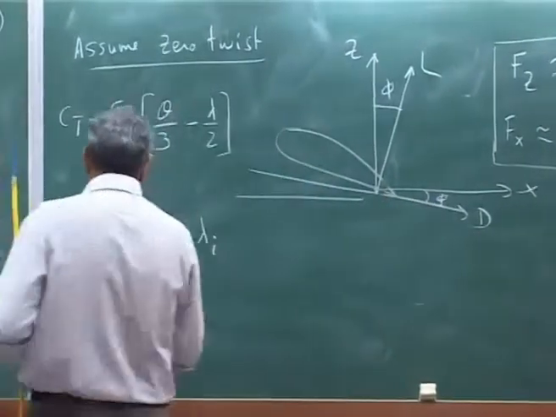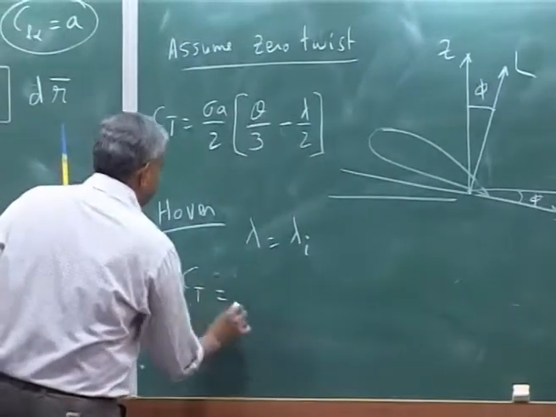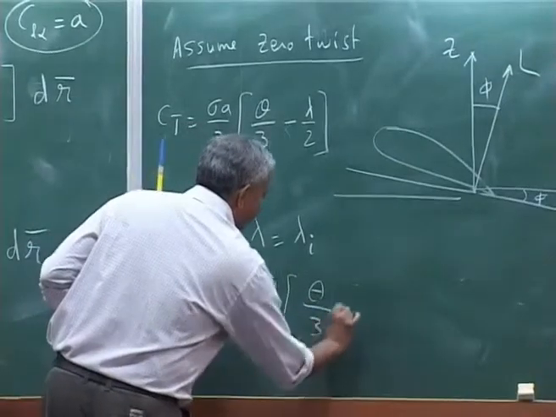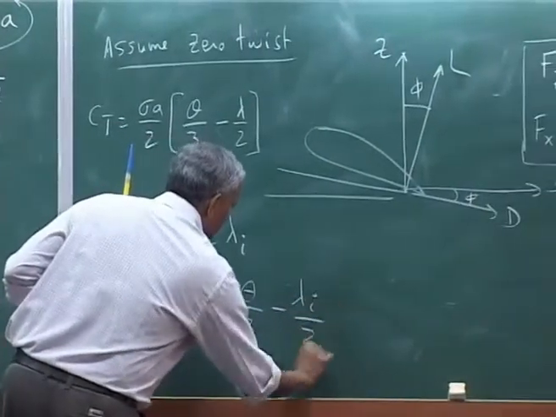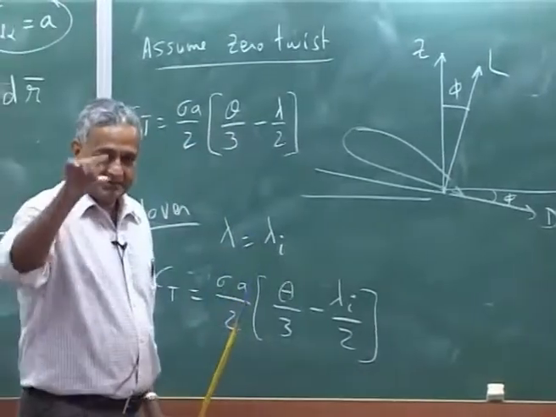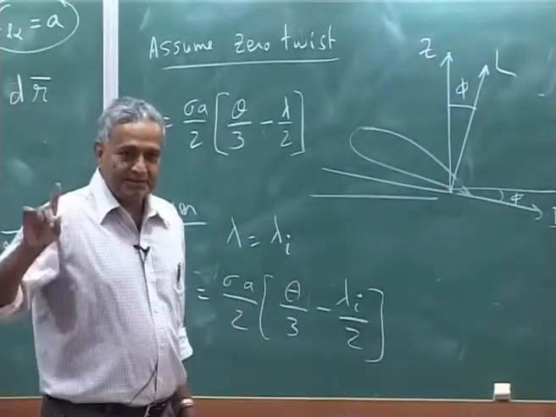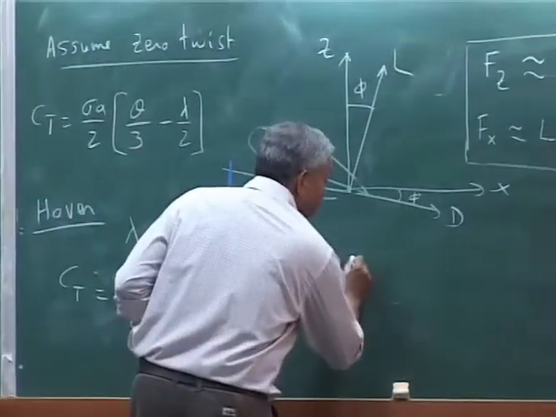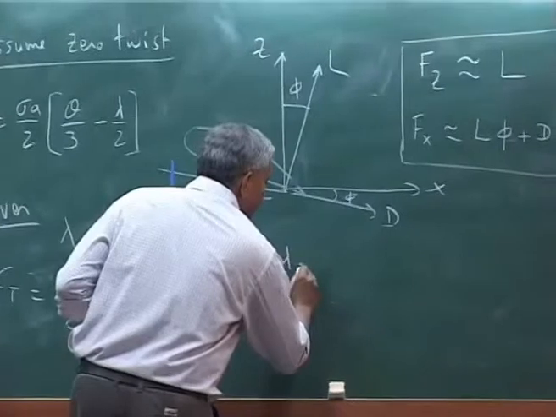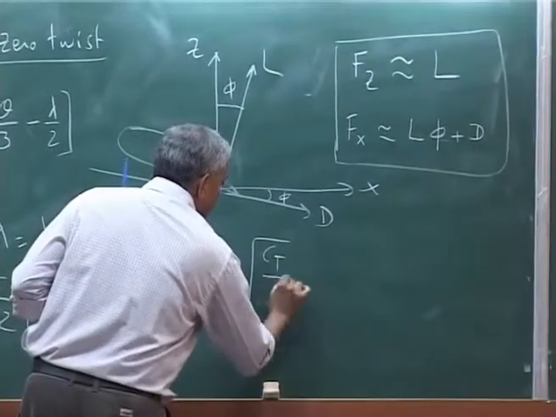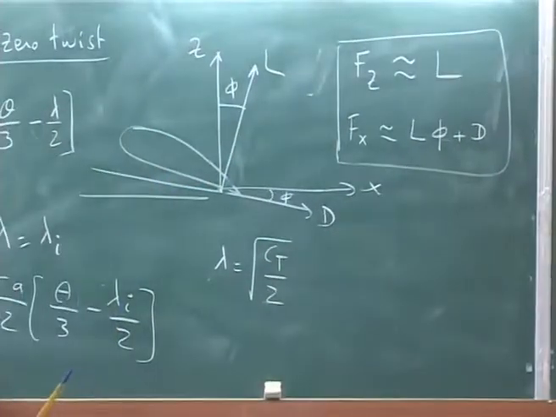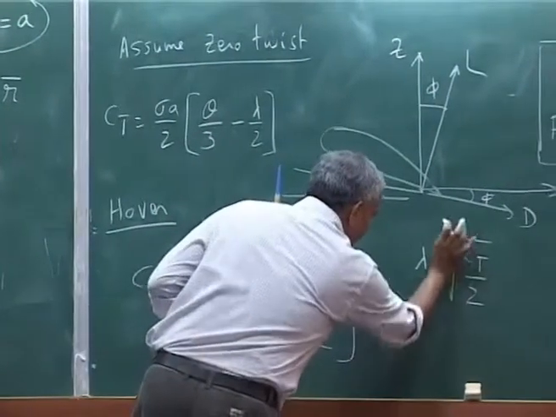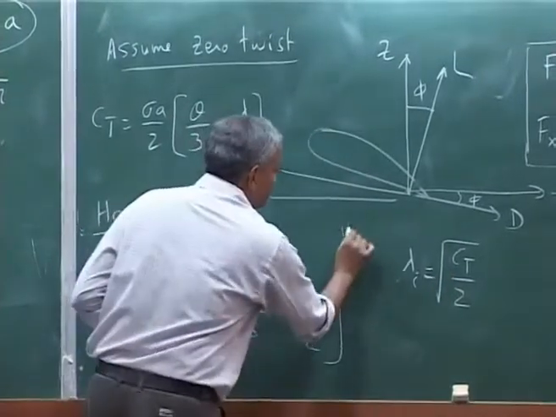Then I will have my CT is sigma A over 2, theta over 3 minus lambda I over 2. But momentum theory in hover gave me what? Lambda is root of, right, sorry, I should use the symbol lambda I, because this is for hover.